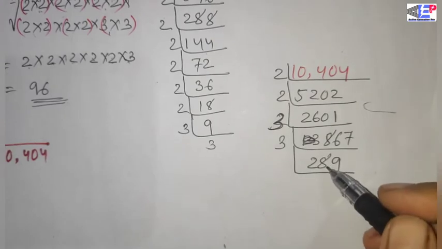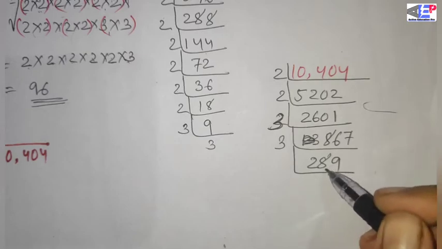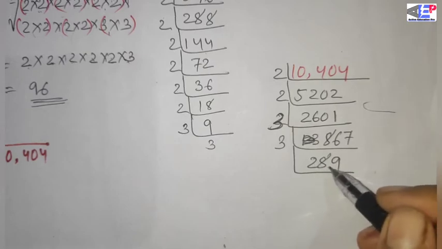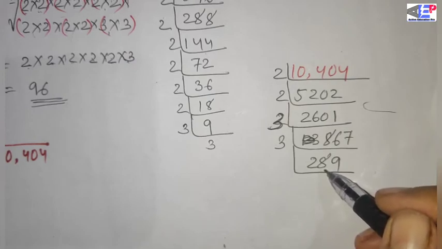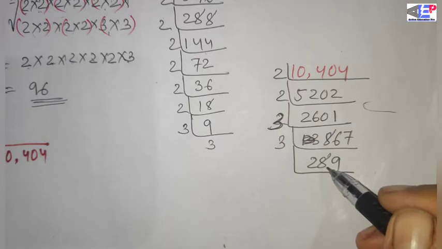Now check whether 289 is divisible by 2 or 3 or 5 or any prime number. The sum of the digits of 289 is not divisible by 3, so this number is not divisible by 3. Further check for 5.